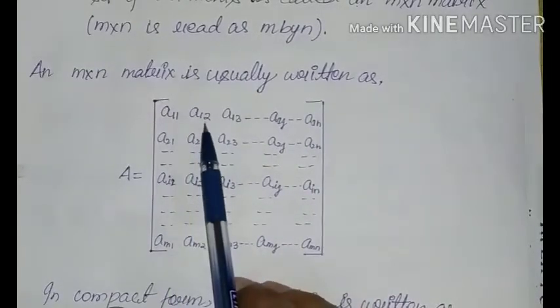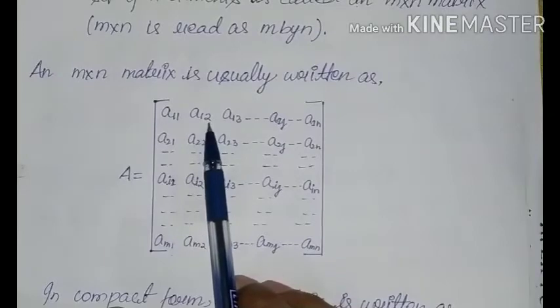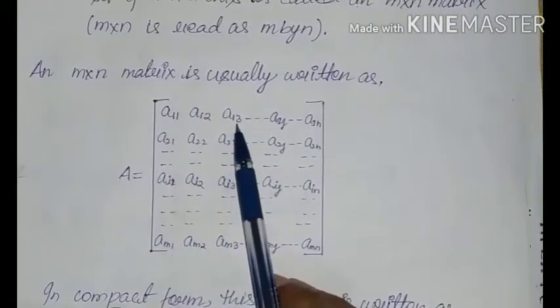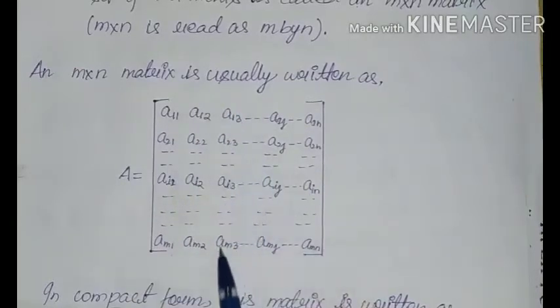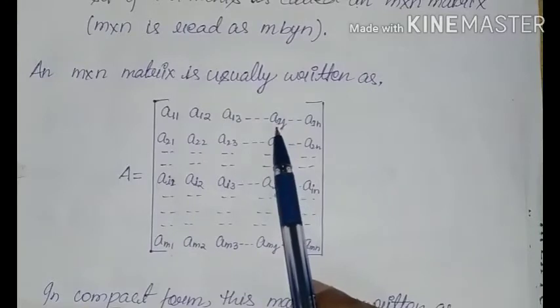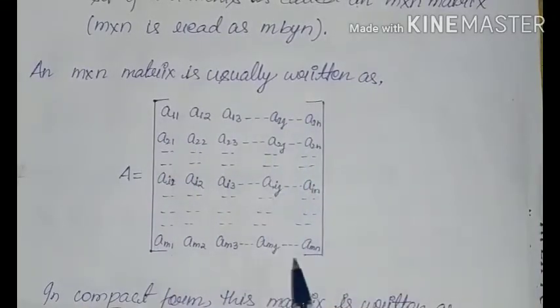This one is A12, where 1 stands for row and 2 stands for column, means first row and second column. This one is A13, first row and third column. A1j means first row and jth column.